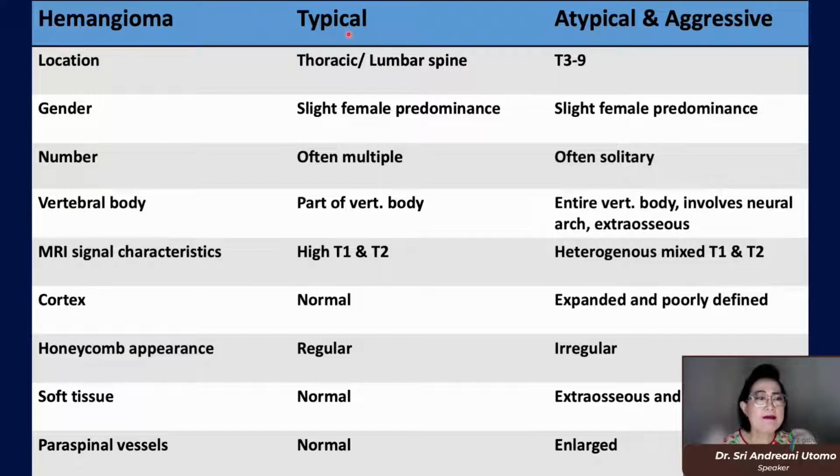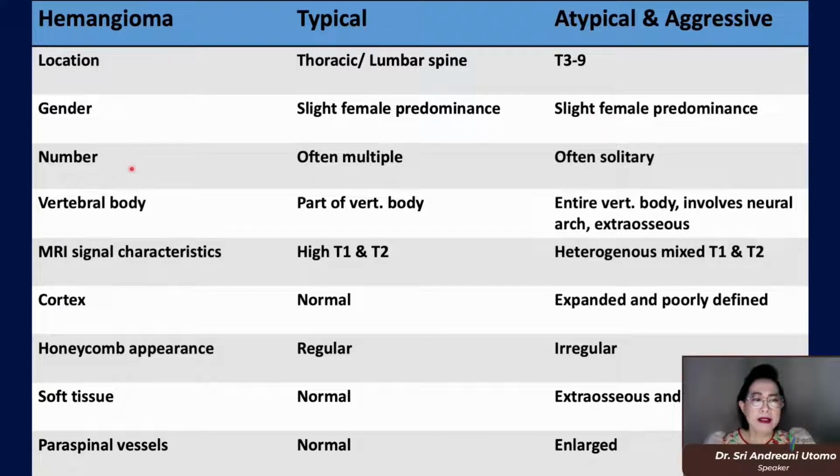For typical hemangioma, the location is mostly in the thoracic and lumbar spine. And for atypical and aggressive hemangioma, usually in thoracic 3 to 9. And for the gender, typical, atypical, and aggressive hemangioma all show slight female predominance.